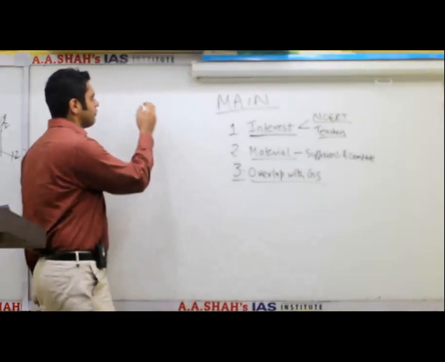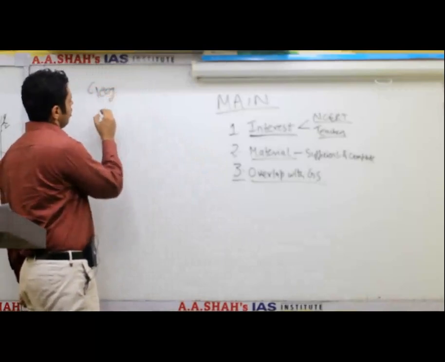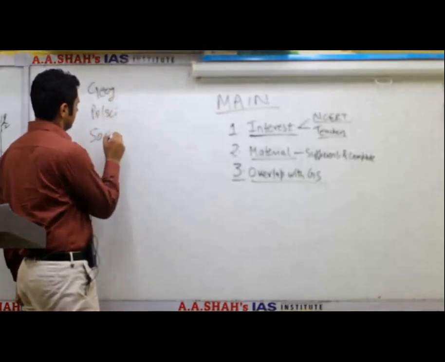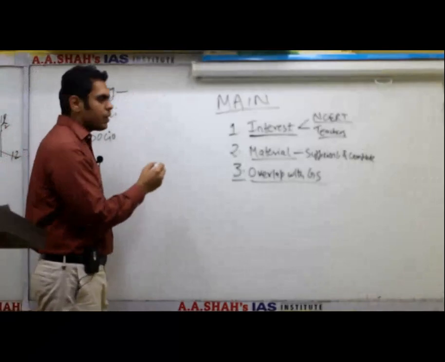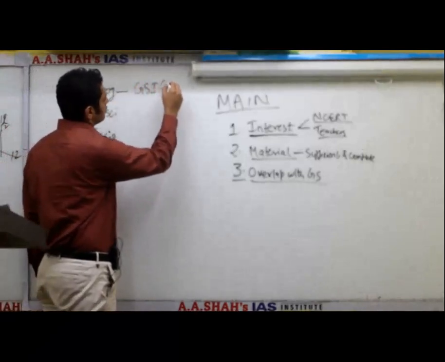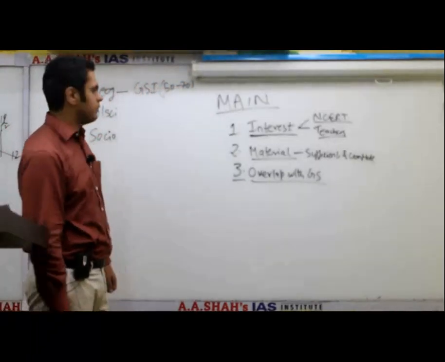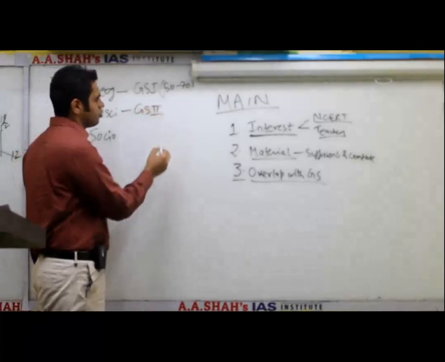So if we take an example of an optional like geography or political science or sociology. Geography is a major part of your GS paper 1. It carries around 50 to 70 marks in your GS paper 1 out of 250. Political science in a similar way is very helpful in GS paper 2.